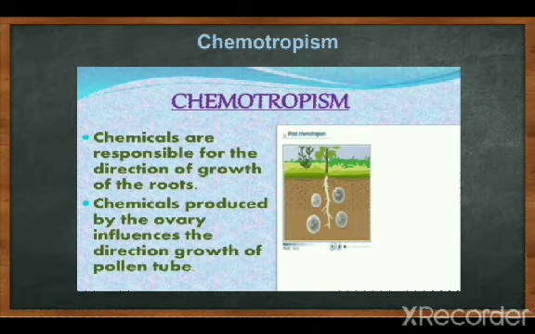All the others are destroyed. That functional pollen grain produces a pollen tube, and that pollen tube will enter the style, and later it will fuse with the ovule, leading to the formation of seed or endosperm or whatever, that is another thing. Okay, and later it will develop into the flower.